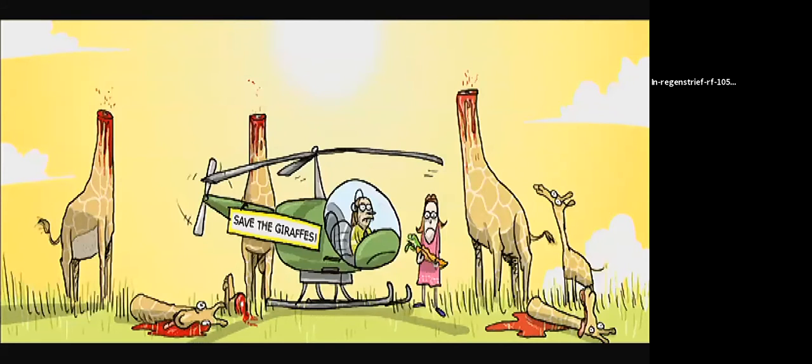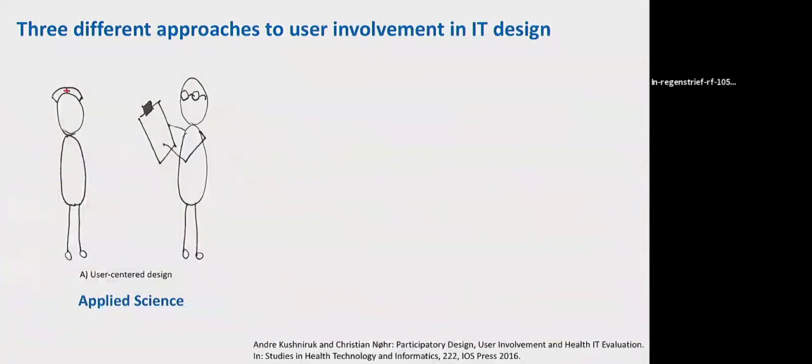So if you look at what people talk about when they talk about approaches to involvement, we try to make a kind of scale. Very often you talk about user-centered design, and it's very much applied science from the former diagram. I've always had a little difficulty understanding what user-centered design is, because what are the users in the center of? It doesn't always make good sense to me.